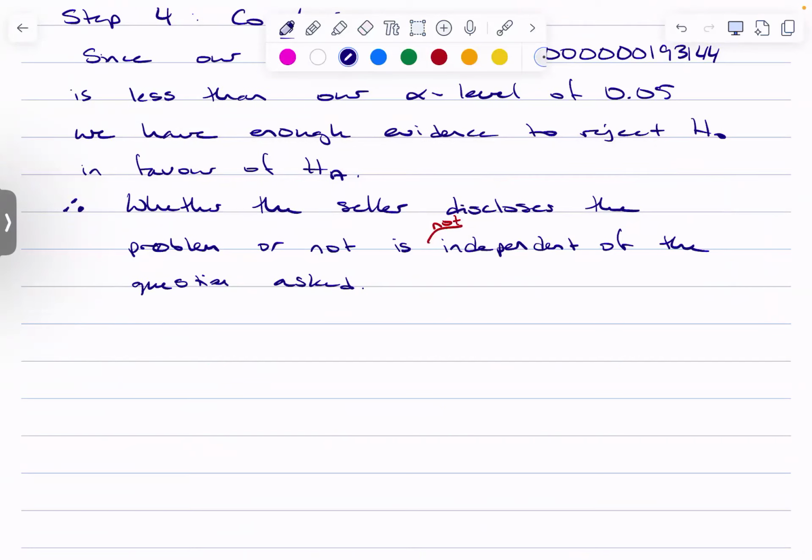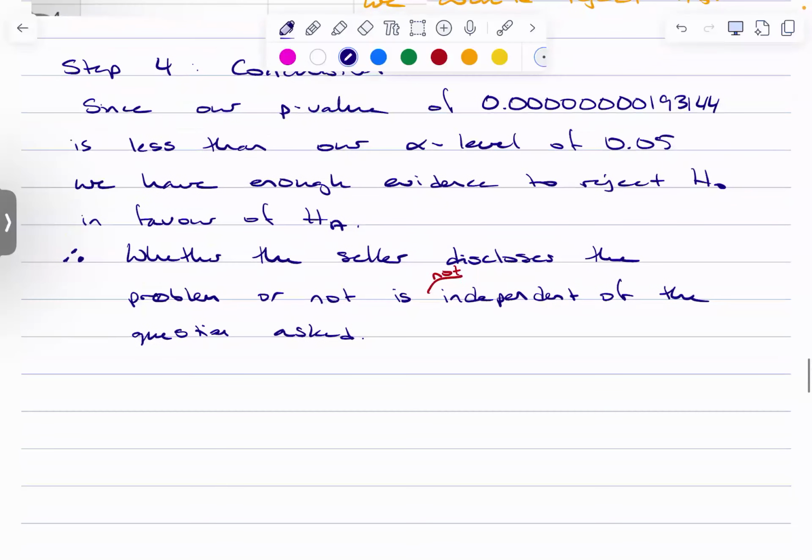Therefore, whether the seller discloses the problem or not is not independent of the question asked. Doesn't have to be fancy. You can just state your alternative hypothesis, how you wrote it, or you can reword the question as an answer. They'll usually be quite similar. But for simplicity, I'll just take the alternative hypothesis.